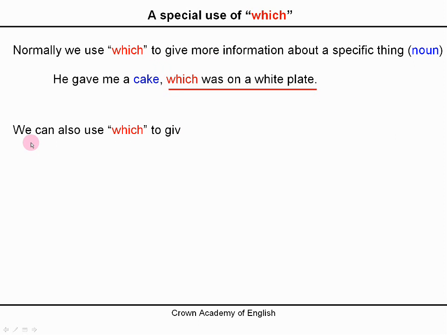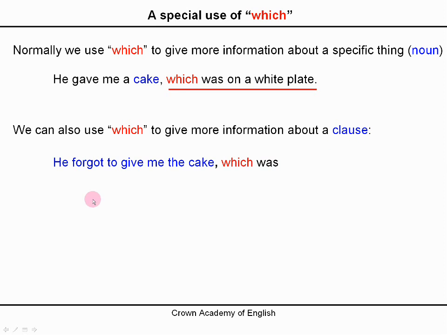But the special use is we can also use which to give more information about a clause. For example, he forgot to give me the cake, which was very annoying. Okay, so we have a first part of the sentence, or a clause.